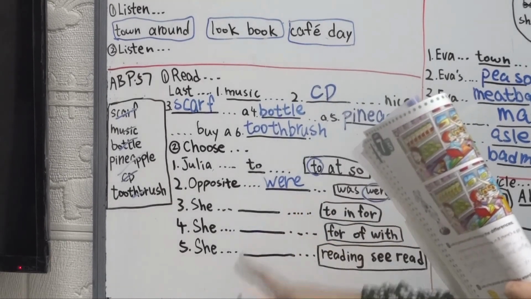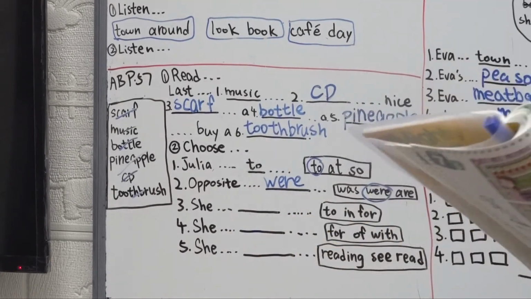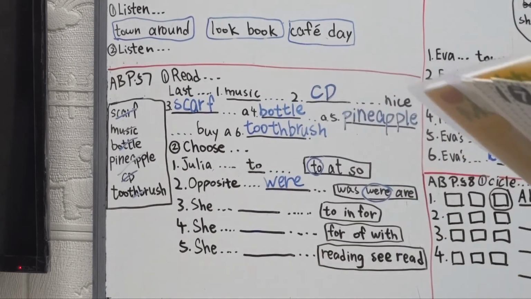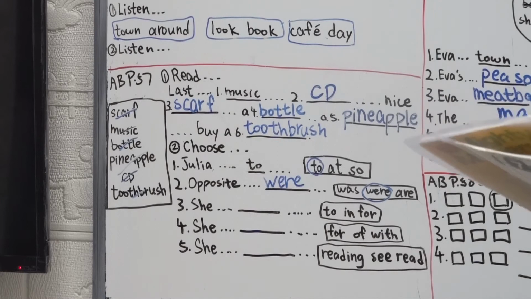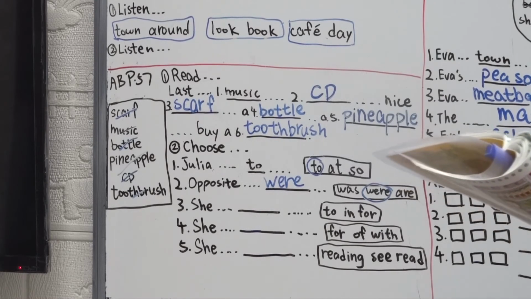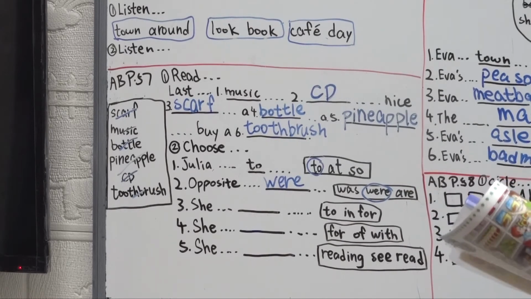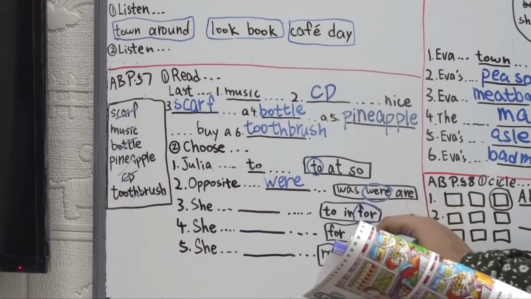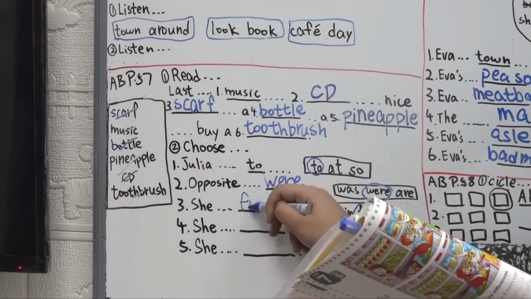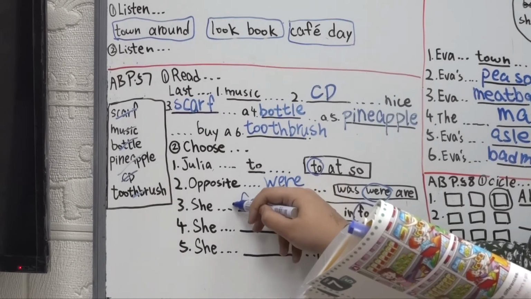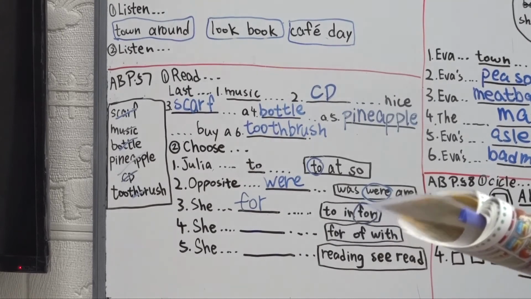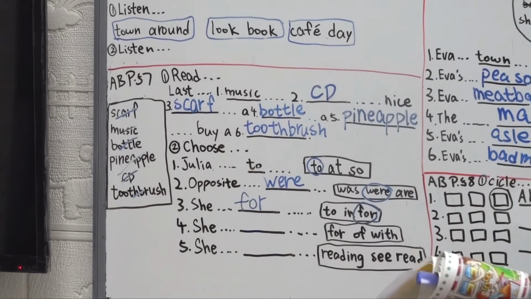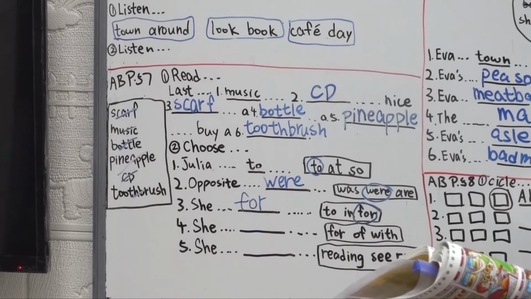Alright, if you're confused what to write, you can look at the paragraph. 3, she looked, space, a birthday present. Look to, looked in, or look for? Looked for. Okay, looked for means finding. Okay, looking for, look for. 4, she bought a bottle, space, juice.